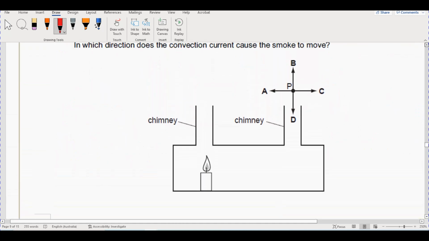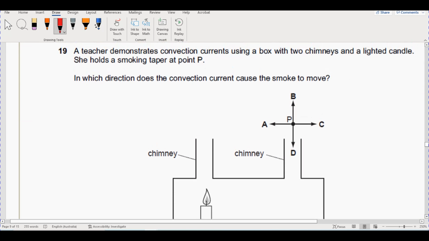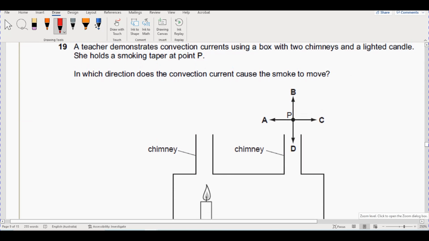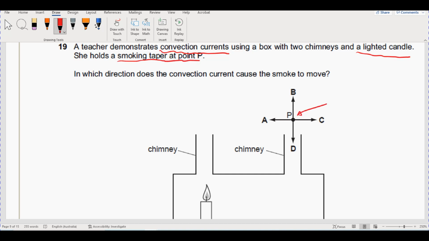So there are 2 chimneys. A teacher demonstrates convection current, again, using a box, 2 chimneys, and a lighted candle. Why do we need a lighted candle right here? The teacher holds a smoking taper at the point P. So normally we understand the smoke goes upwards, right?